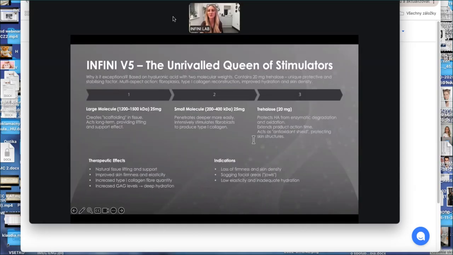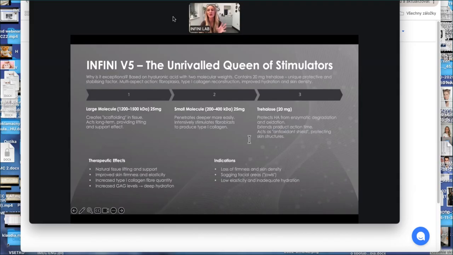And this is why I call V5 the queen of stimulation. The reason is very simple. The formula combines two molecular weights of HA and 20 milligrams of trehalose. So let's start with HA. Large HA molecules create a scaffold, a lifting frame that supports the tissue and holds the structure.